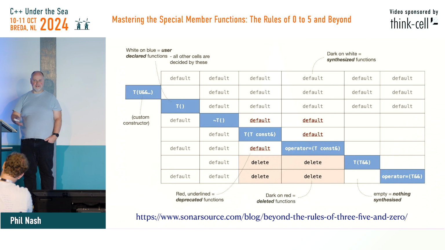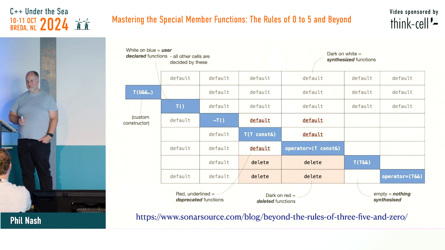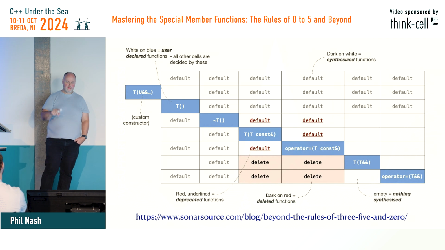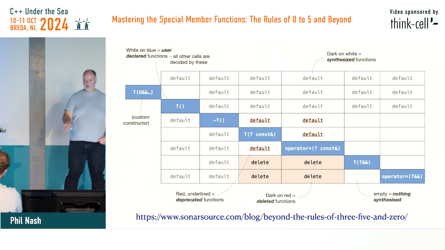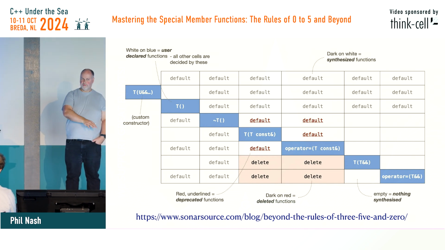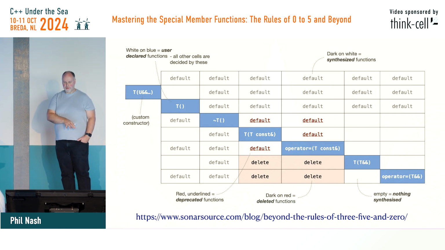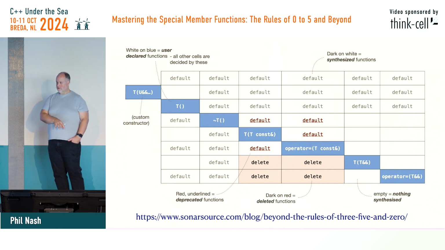Unfortunately, we still have the legacy of the copy operations, and so we still have the rules of 3 and 5. There is one implication to this, though, which drops out of this. If you implement either of those move operations, those other special member functions are deleted or disabled, which is what we wanted.